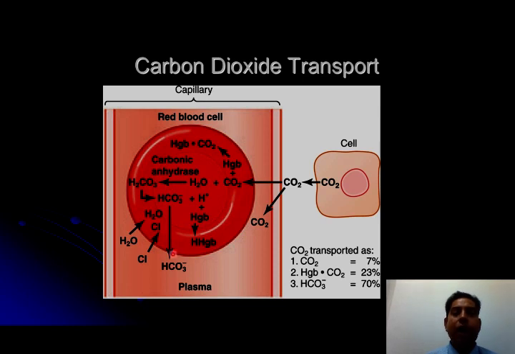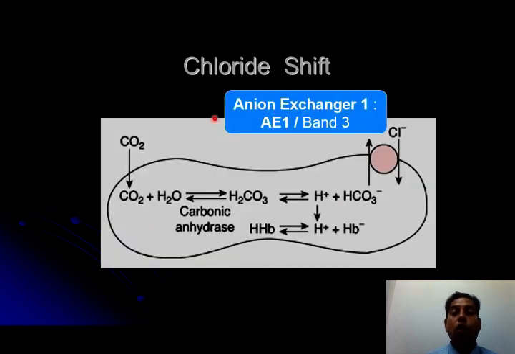And for every bicarbonate which is released by the RBC, electrical balance has to be maintained by the inward movement of chloride. This is called the chloride shift. So what happens is every time the carbon dioxide enters the RBC, it combines with the water in the presence of carbonic anhydrase to form carbonic acid, which can break down into hydrogen and bicarbonate.